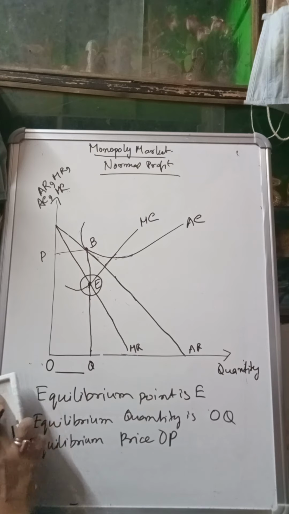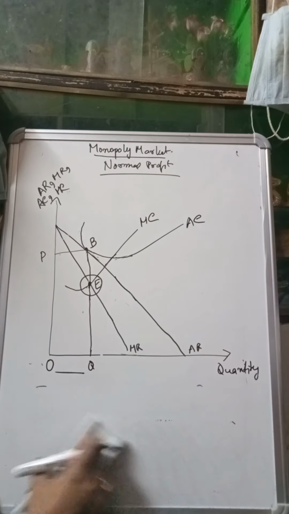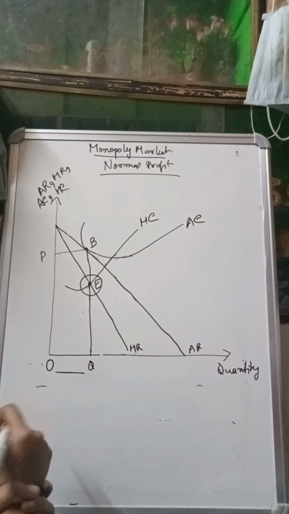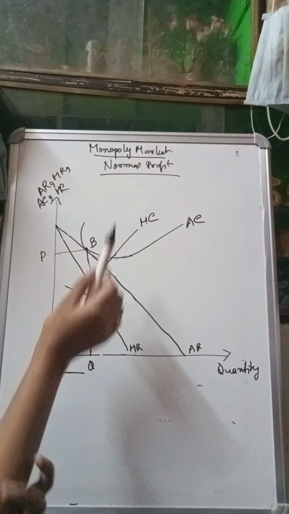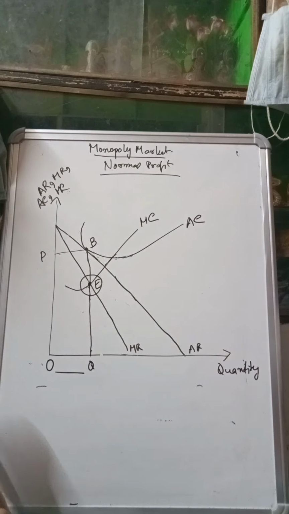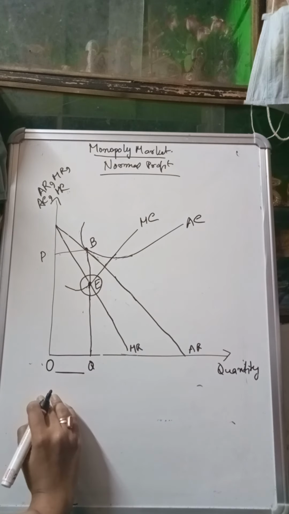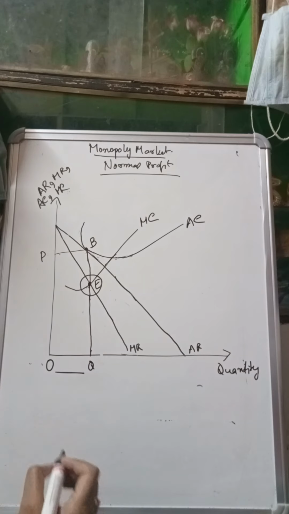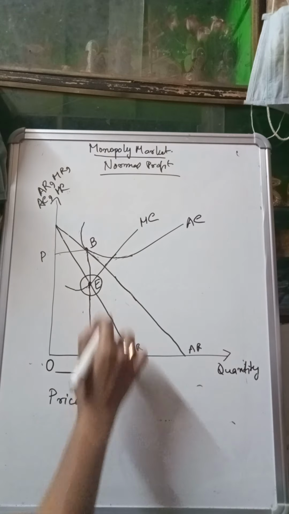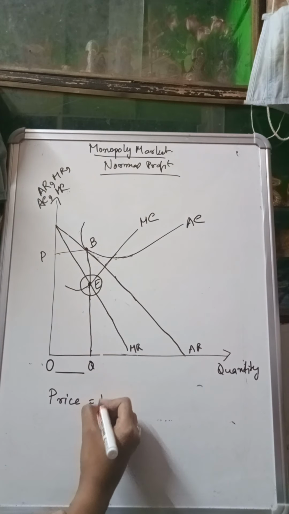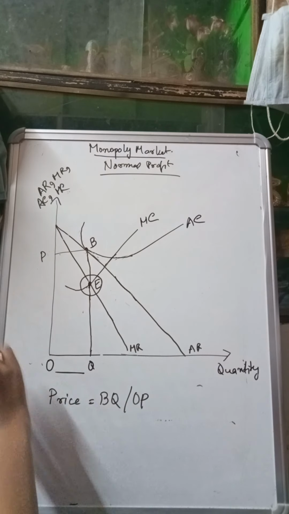Now let us understand what is the amount of total revenue here and what is the amount of total cost here. As you can see, the AC curve has intersected the AR curve here, right? First let us understand what the price is over here. My price is nothing but BQ, or you can write OP also, BQ and OP are the same.